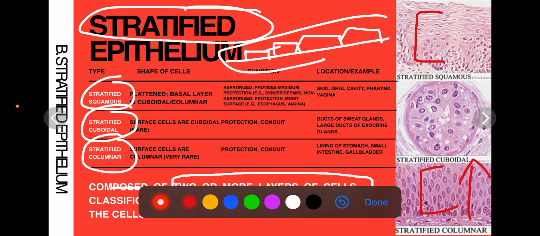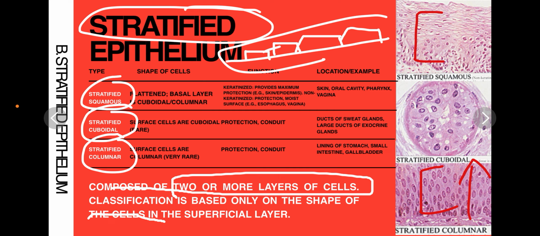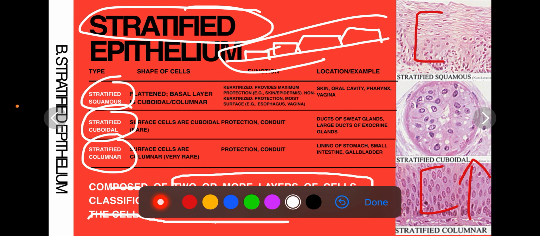The answer here is you are going to name them according to the cells of the superficial layer. So the upper one, let's say the top floor up here. You are going to name it according to it. Whatever is happening inside here, you are going to consider the upper floor.